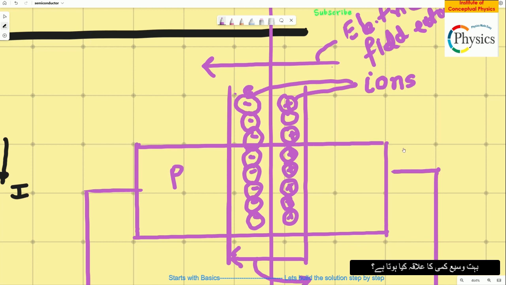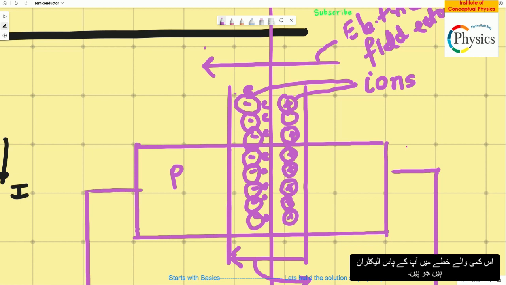What's happening, which is increasing the current? You have these electrons which are getting created. Where are they coming from? They're coming from the depletion region itself.